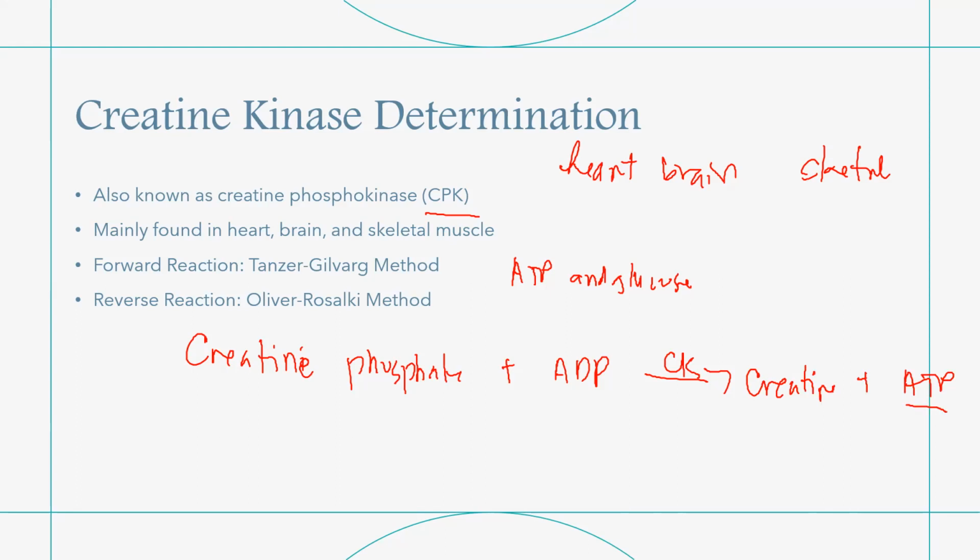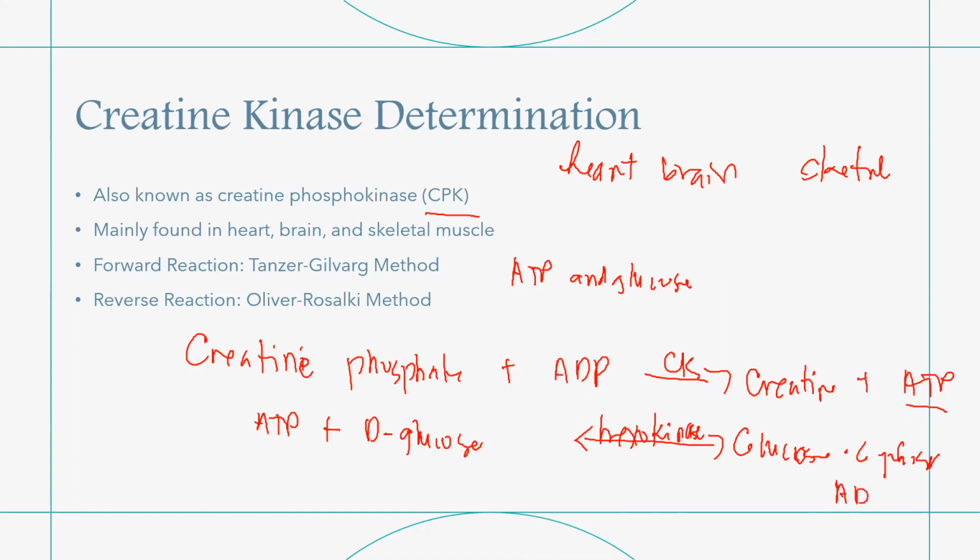Your ATP will react with D-glucose, through the action of the enzyme hexokinase, to give us glucose 6-phosphate, and your ATP will be converted into ADP.